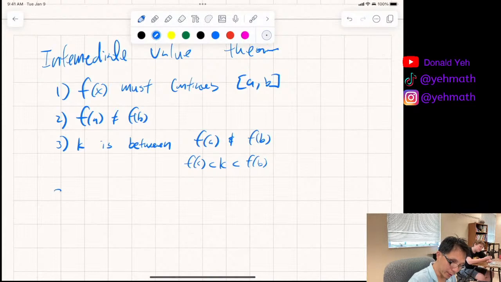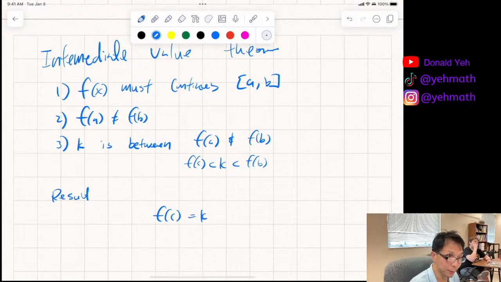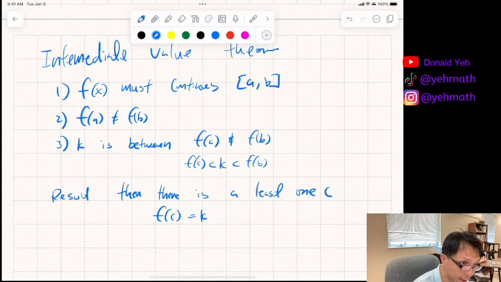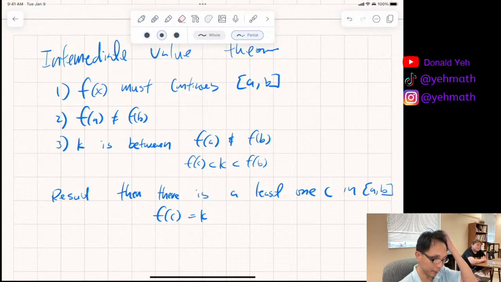So the result is this: f of c is equal to k. Then there is at least one c in a and b. So this is the result.